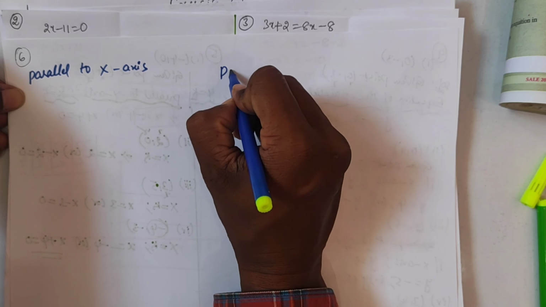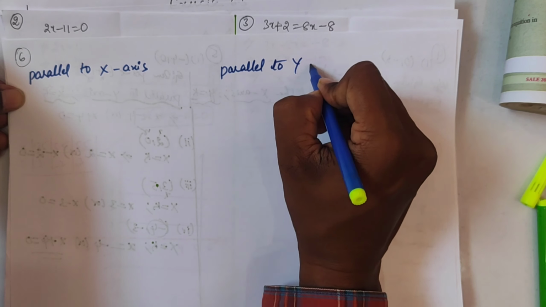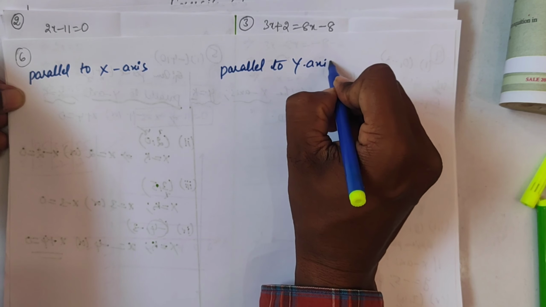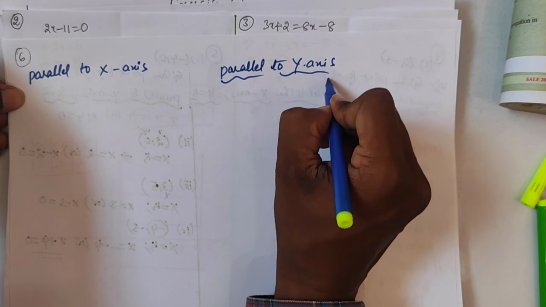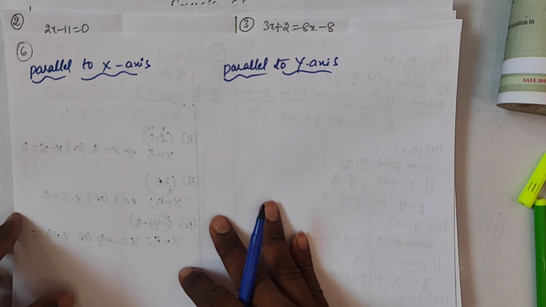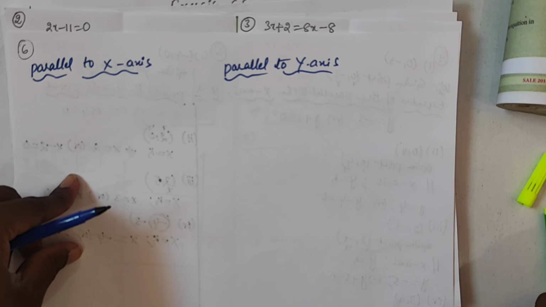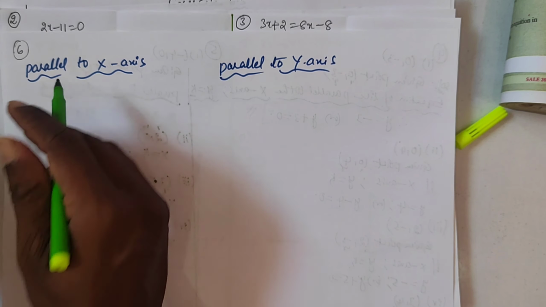Second one, parallel to the y-axis. Parallel to the x-axis and parallel to the y-axis. We have to write how many? 3 lines. So first one.